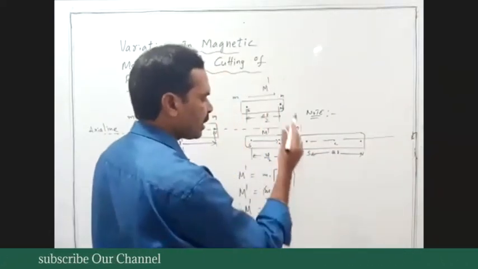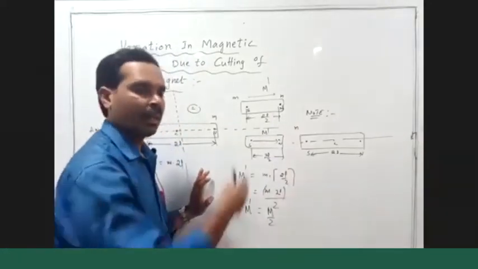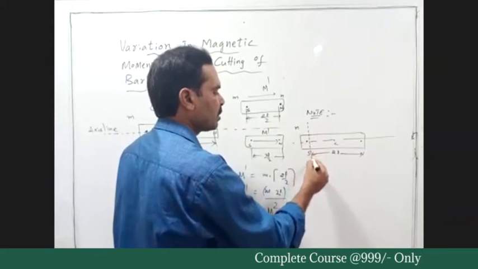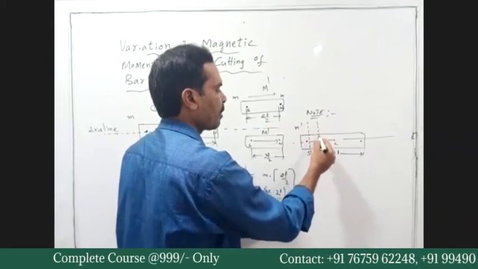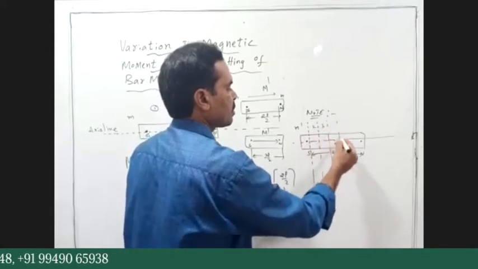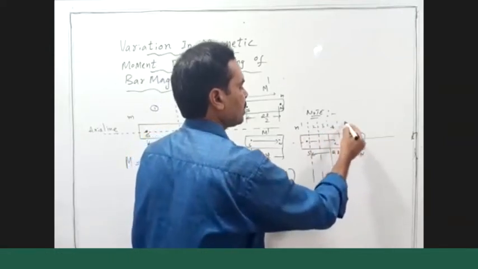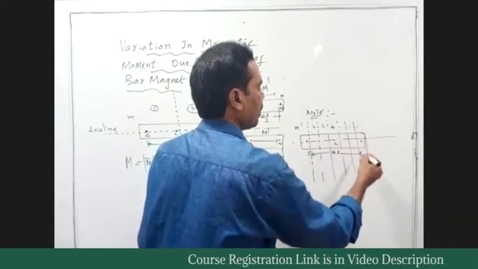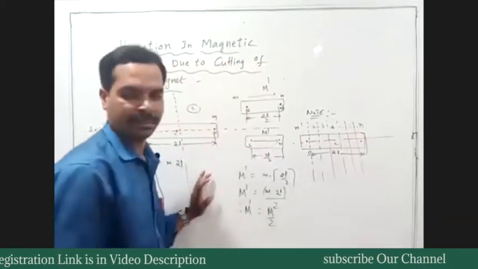Now I am dividing this bar magnet, perpendicular to the axial line, into x equal parts: part 1, part 2, part 3, part 4, like that. We are dividing into x equal parts.